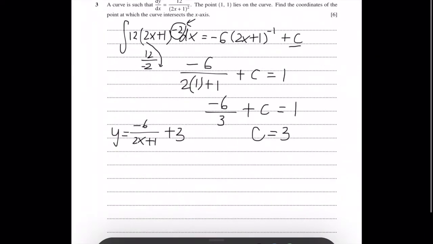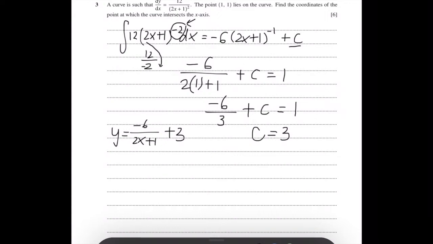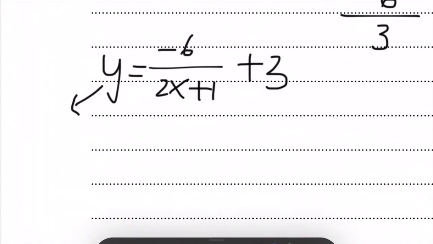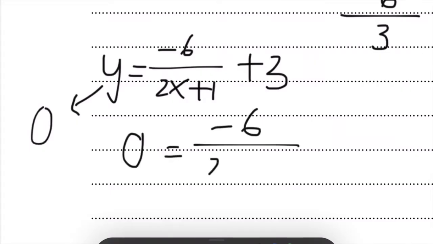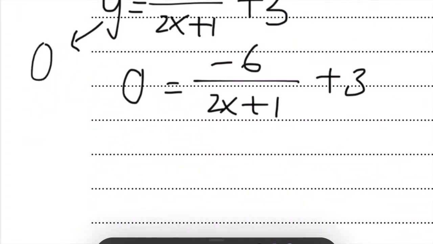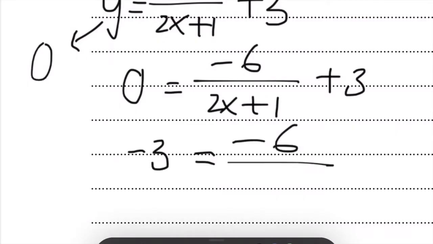Since we want to know the point at which the curve intersects the x-axis, we know that y is 0. So it will be 0 is equal to negative 6 divided by (2x plus 1) plus 3. We'll go ahead and subtract 3 from both sides. So we will get negative 3 is equal to negative 6 over (2x plus 1).